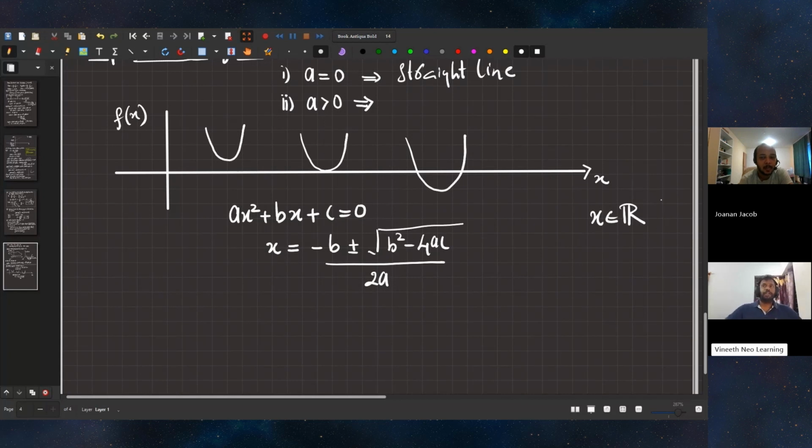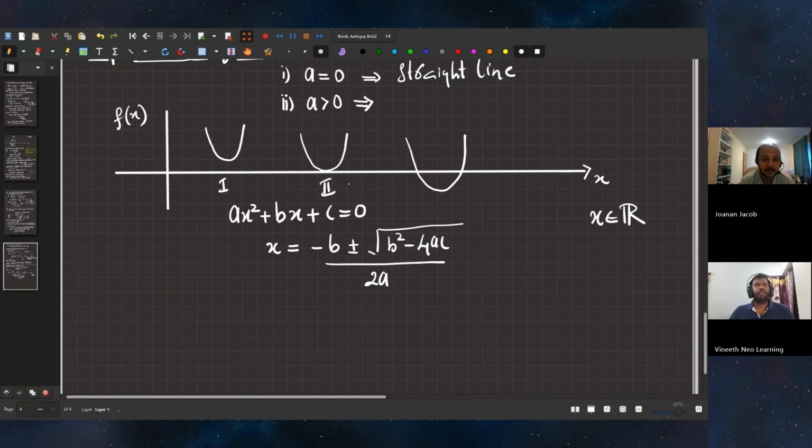We will study conic sections in the complex domain, but our current discussion is restricted to real numbers. Let's just write 1, 2, 3.